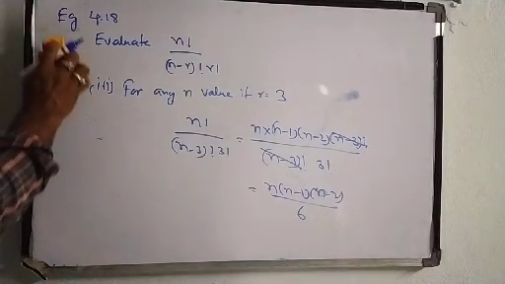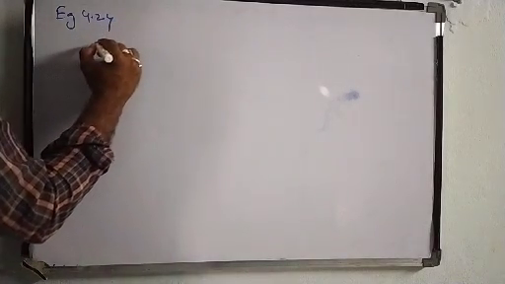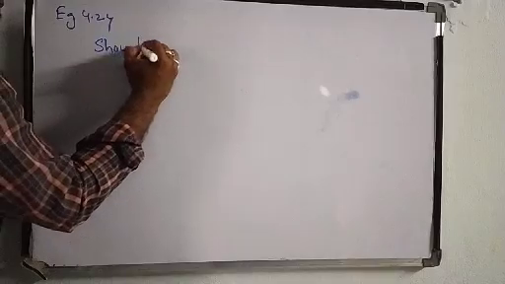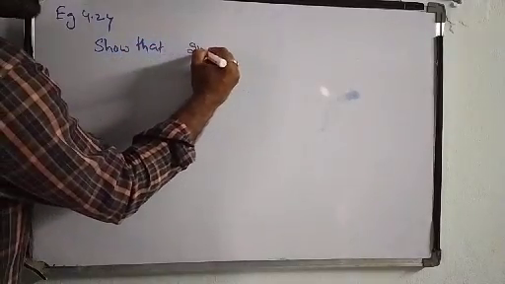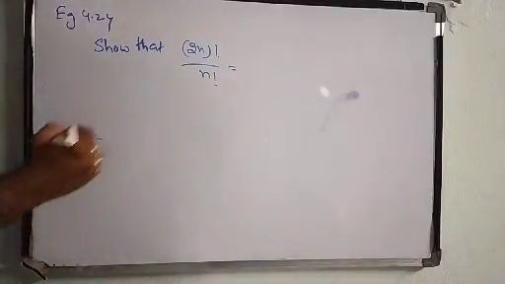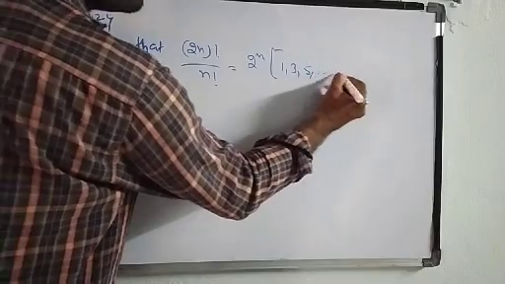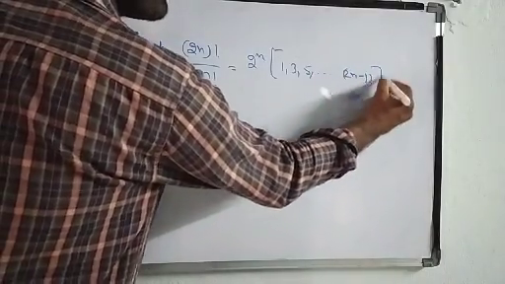Okay. Next example 4.24. Let us see. In example 4.24, show that 2n whole factorial by n factorial equals 2 power n into 1, 3, 5 and so on up to 2n minus 1.